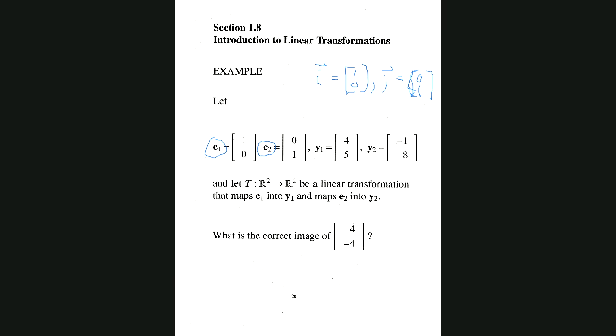In this problem, you're given vectors y1 and y2, and all you're told is that you have a transformation that maps the vector e1 into y1 and the vector e2 into y2. They want you to find the correct image of the vector 4, negative 4.